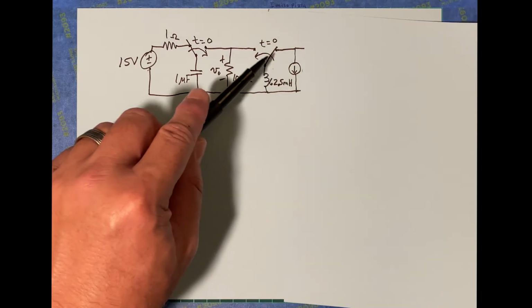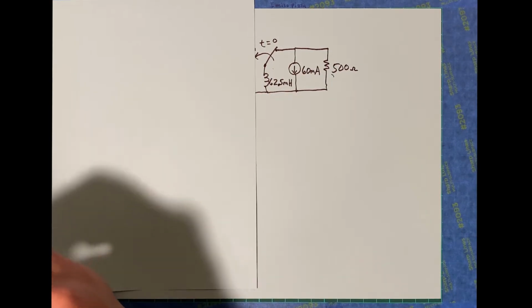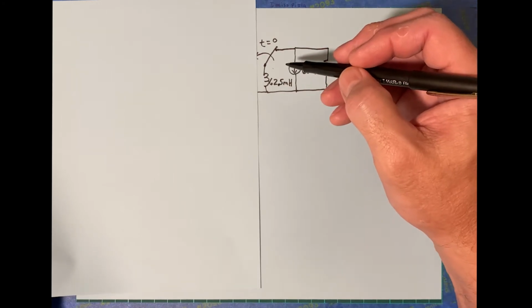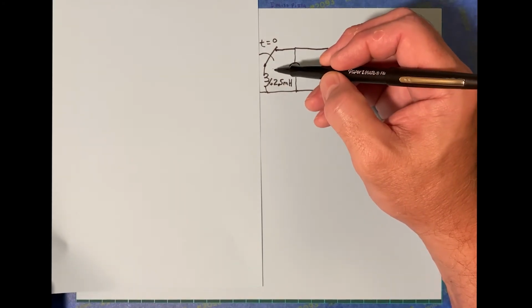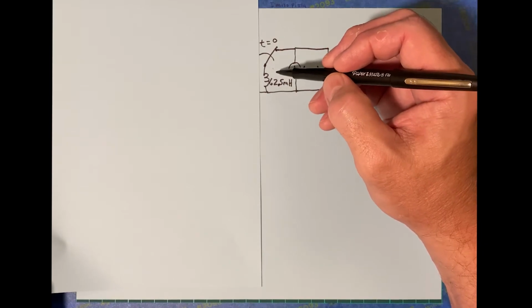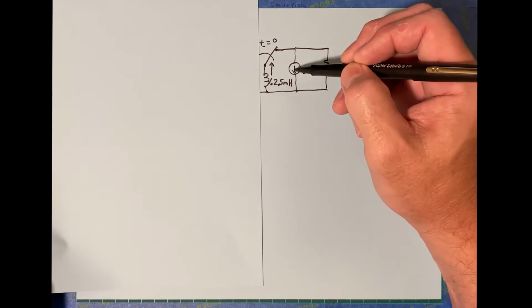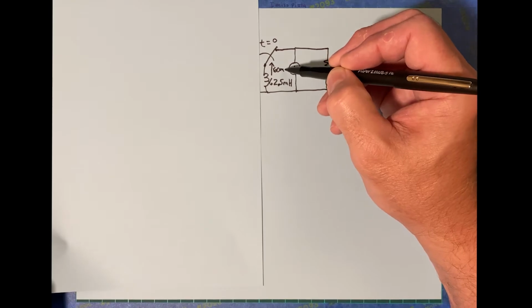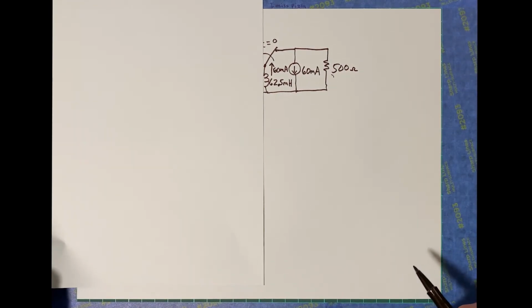Then this flips over, and before t equals 0, this has some current going through it, and we could say the current is going up or the current is going down. It doesn't really matter which way we say the current is going as long as we're consistent with it. So if we draw it this way, we have to say that that is 60 milliamps. If we drew it the other way, we would have to say it's negative 60 milliamps.